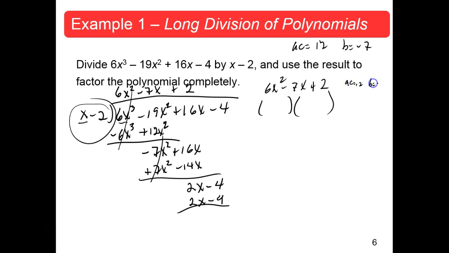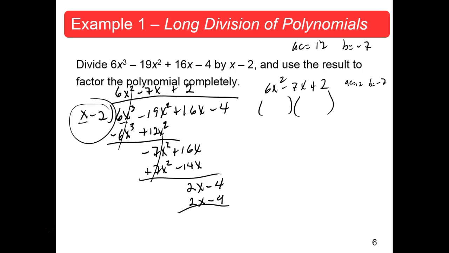Now, what we're going to do here is come up with factors of 12 and see if we can get any of them to add to a minus 7. Now, what does that tell you? If the product has to be 12, but the sum has to be a minus 7, they both have to be negative, because the only way you get a positive product is for both to be positive or negative. If the sum is negative, they both got to be negative.